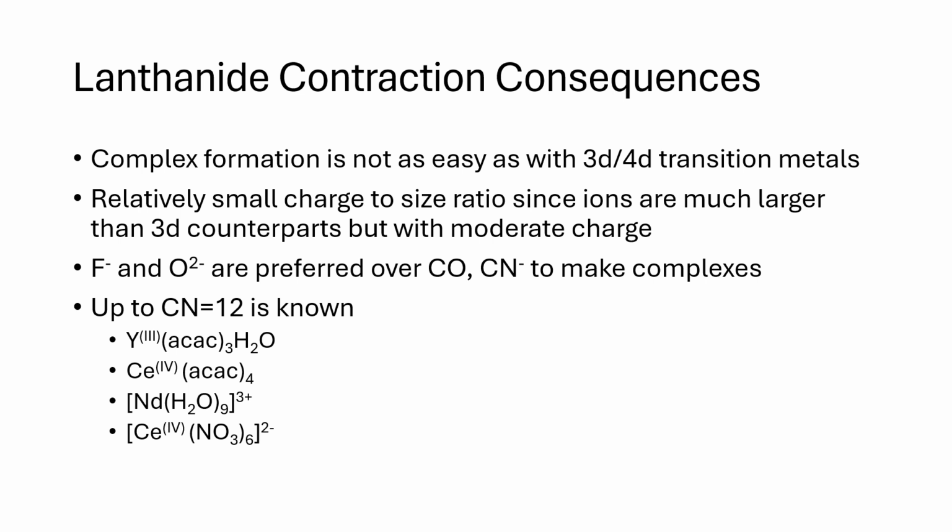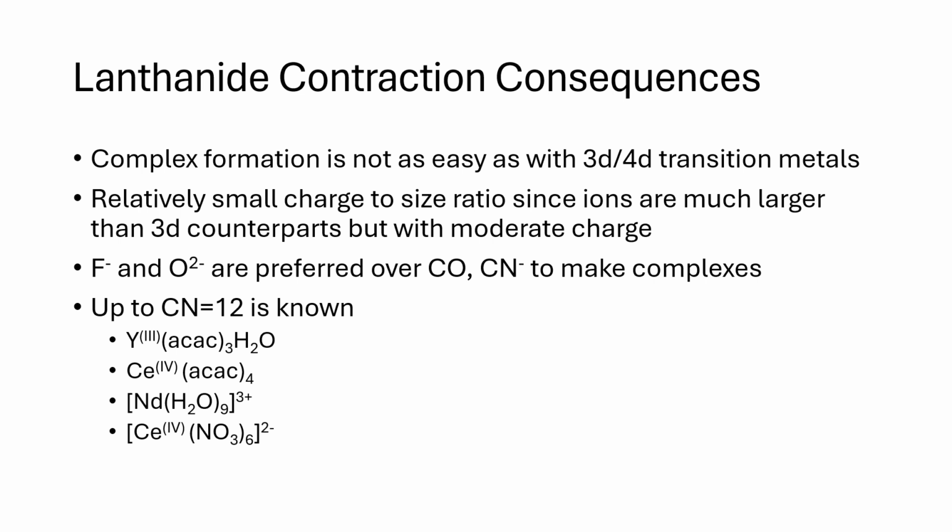And we observe that ions like fluoride and oxide, which are relatively small but also strong, good sigma donors and pi donors, for example, are much preferred over things which are larger sigma donors and pi acceptors like CO and CN minus, etc.